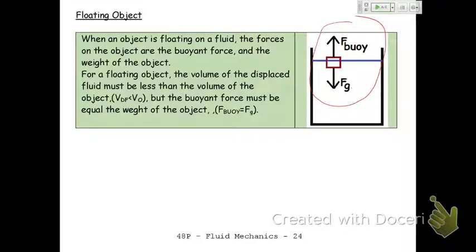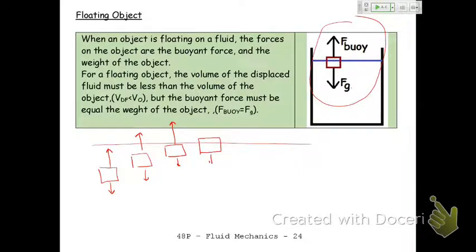And now what's different is the volume of the displaced fluid is no longer the same as the volume of the object. If it's floating, it must have risen to the surface, and most of the time a little bit of the material sticks out of the top. If I draw the sequence, this thing is down here and it has a bigger buoyant force than it has a weight, and then it gets to here and it still has a bigger buoyant force than weight.